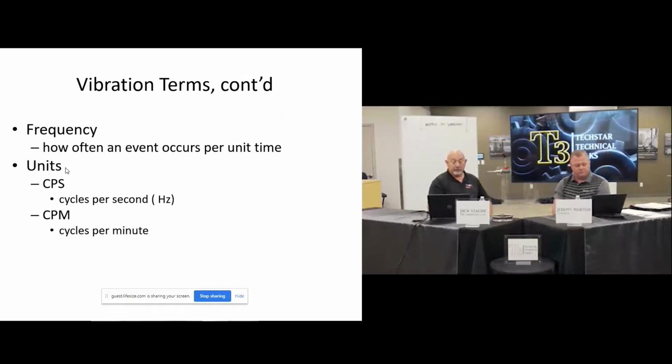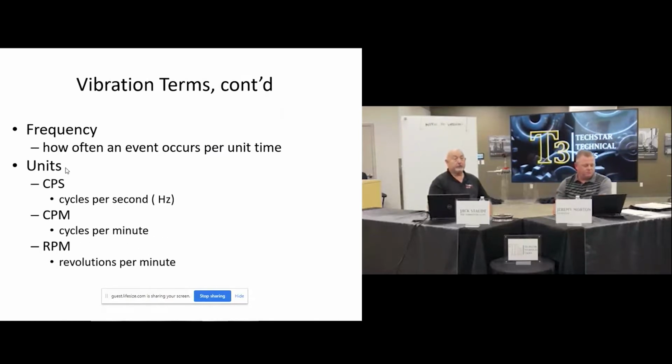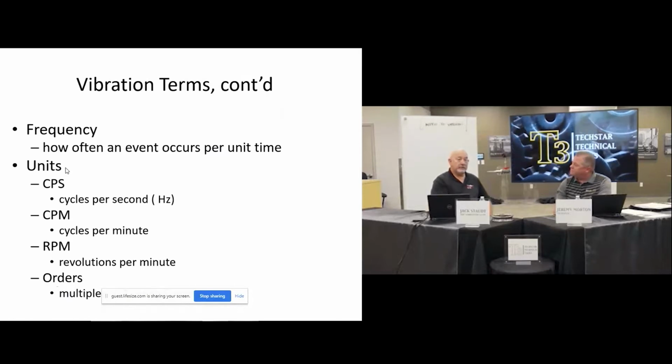Cycles per minute, CPM, and RPM, revolutions per minute, are pretty much the same. And then we have orders, which are multiples of turning speed frequencies.